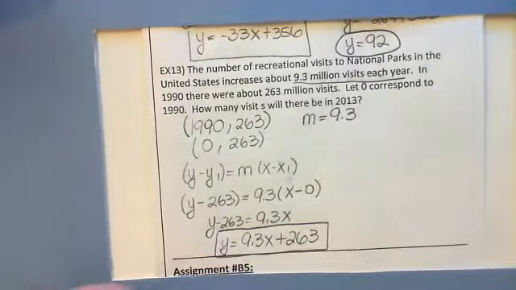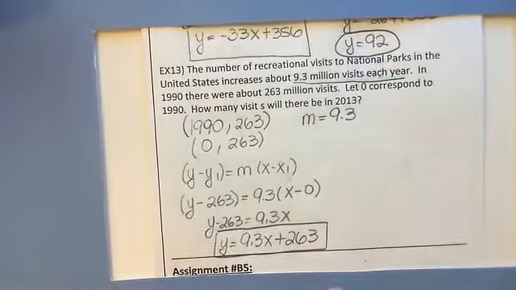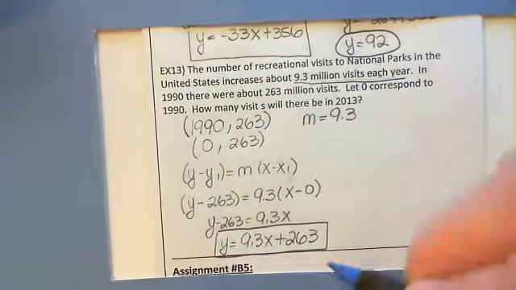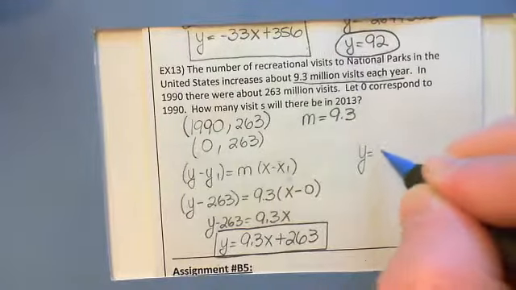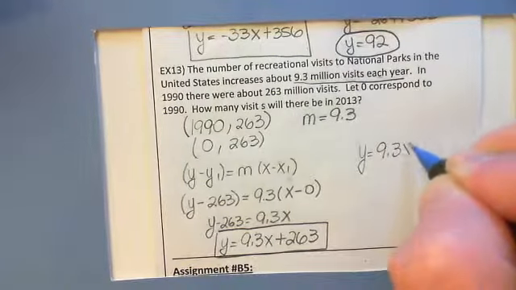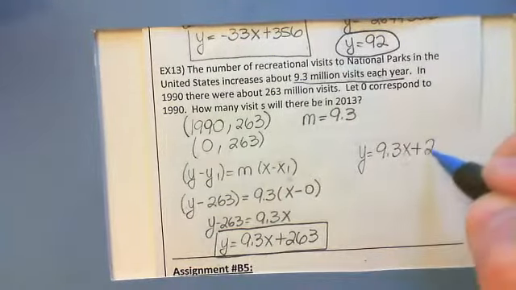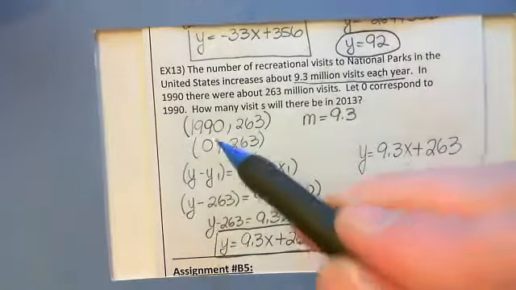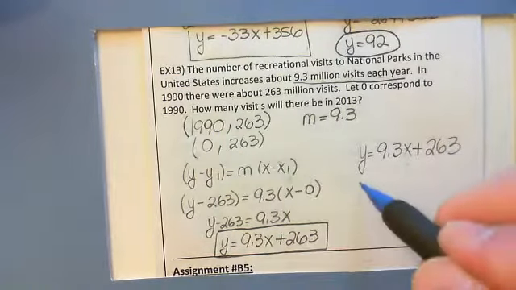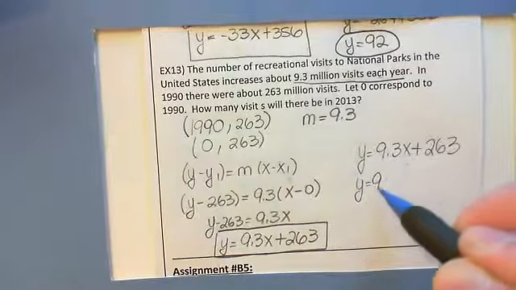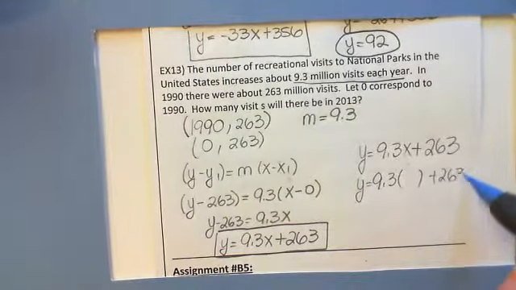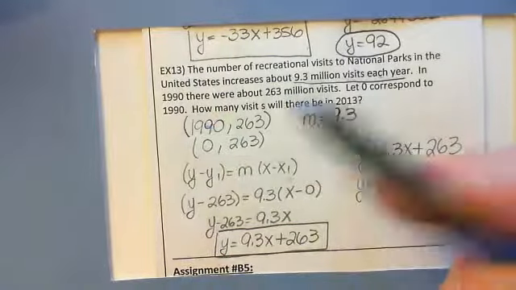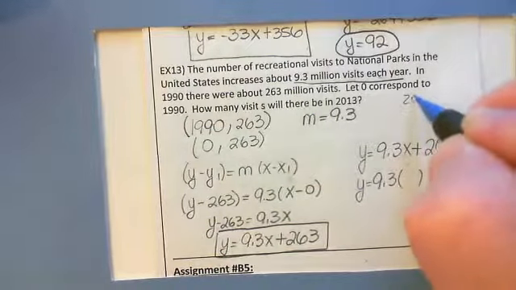Now that we have that, we're going to try to find in 2013 what's going to be the number of visitors. So we have y equals 9.3x plus 263, and we know the number of years is the first coordinate, which is x. Now, how many years have gone by since 1990 if I look at 2013?